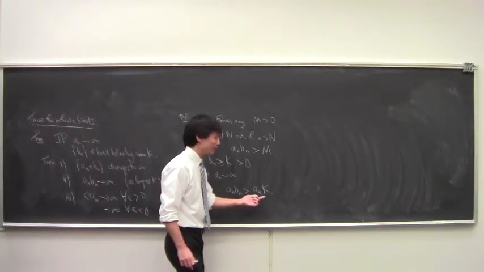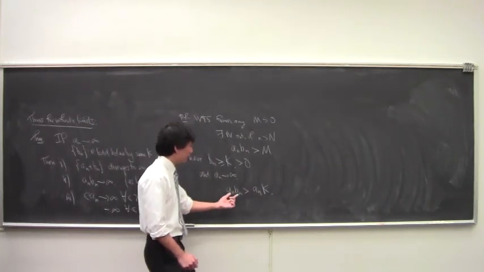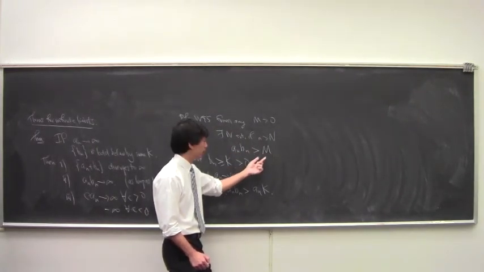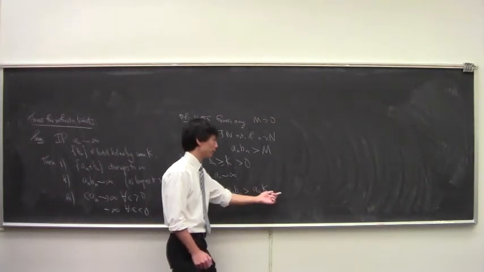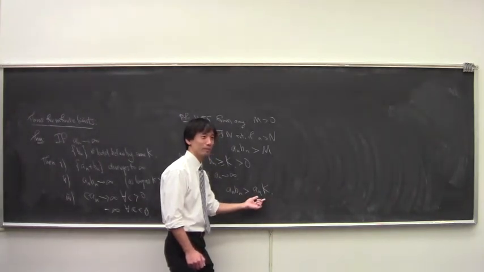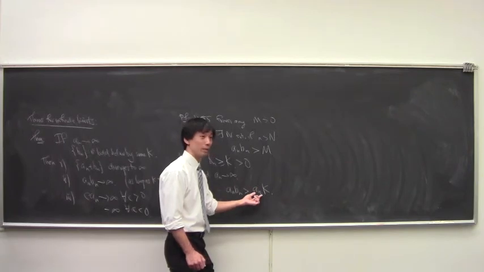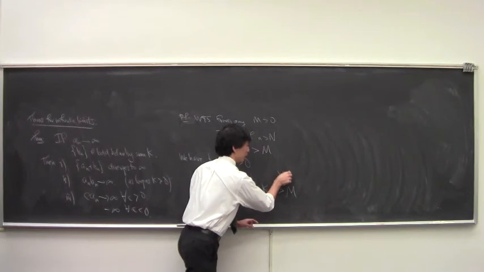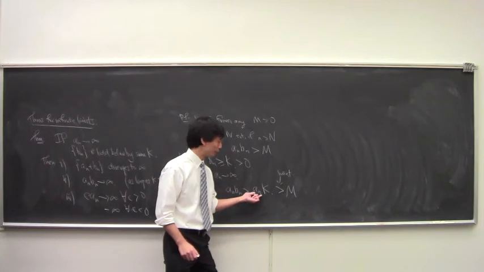Will you say that again? Yes. Remember, we're trying to make these guys bigger than m. We can make these guys as big as we want. How big do we need to make them to make this guy bigger than m? How big do the a_n's have to be? m over k. Yeah.